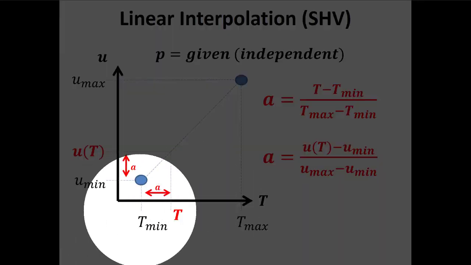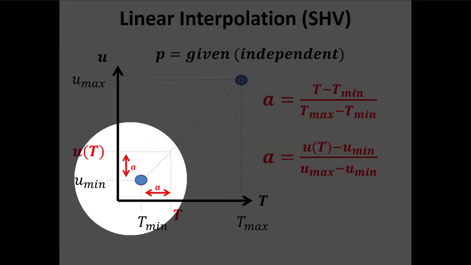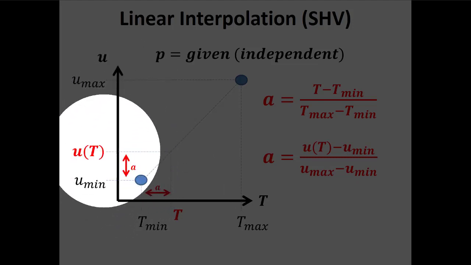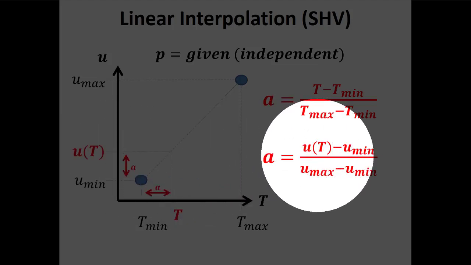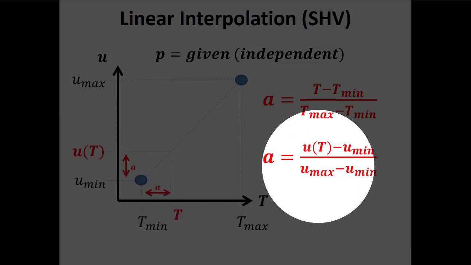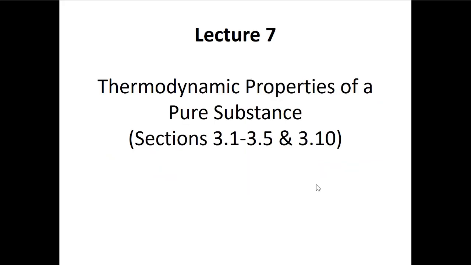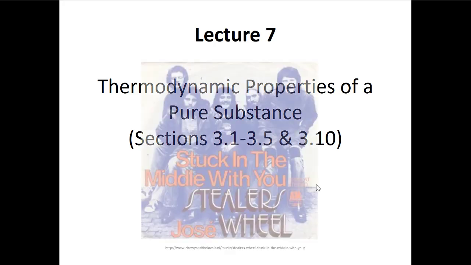So if I've gone 25% of my range in temperature, that means I must also have gone 25% in the range of my specific internal energy on the table, because that's linear as well. So then this equation is also true. So if I can find the interpolation factor from the temperatures, then I can use it to find my specific internal energy. So the title of the lecture today is Thermodynamic Properties of a Pure Substance.